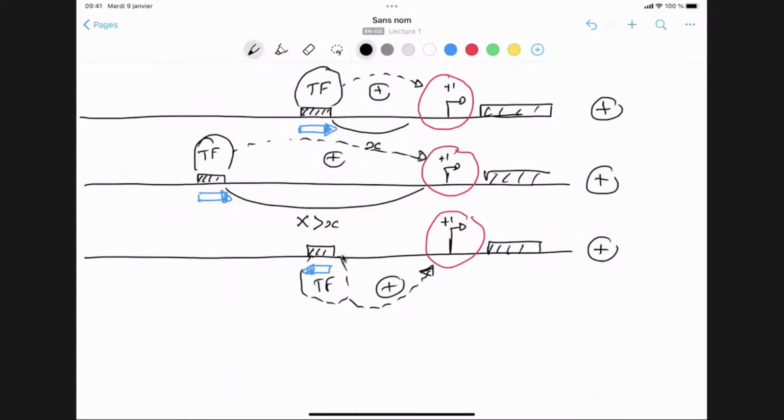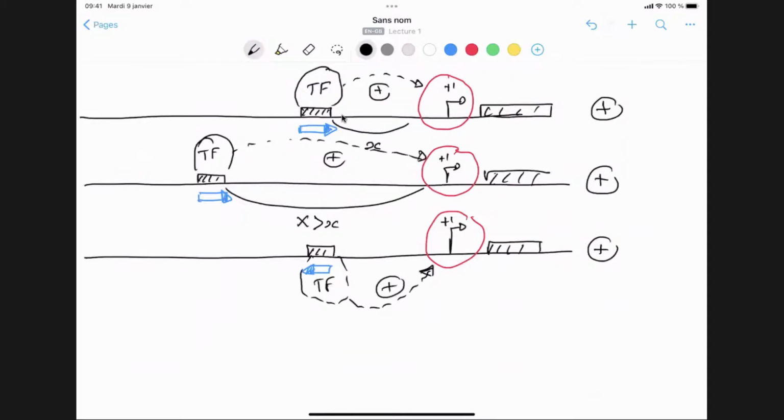And second point, the orientation, sense or reverse of the sequence, still allows the binding of the transcription factor and therefore can still activate Pol 2. So when you analyze the regulatory sequences inside the promoter, the topology is very, very plastic. You can find the regulatory sequences at completely different places. Do you understand this concept?